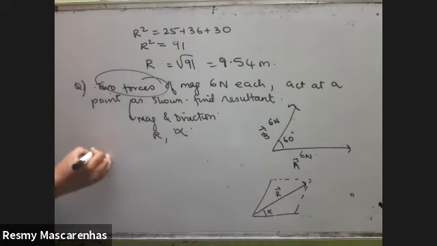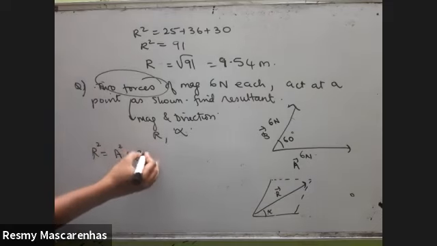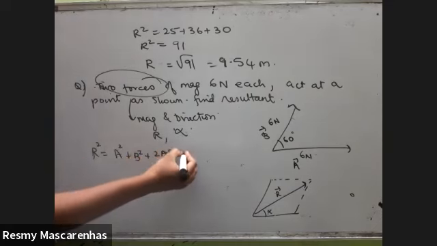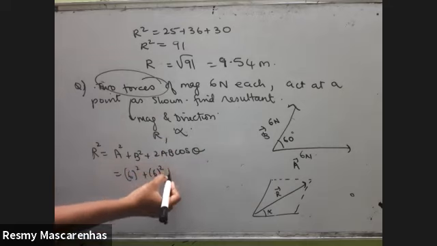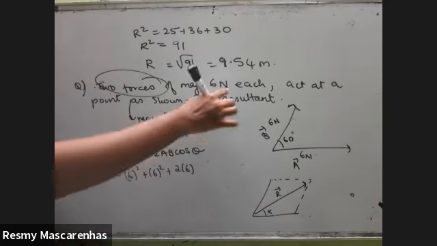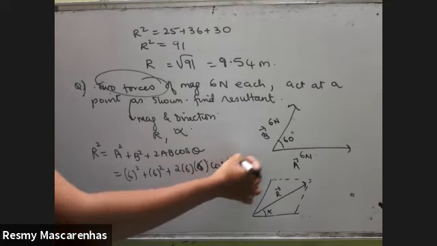As per the formula, this is the formula which we know to calculate the magnitude. This is simple. Straight away put all the values. 6 square, B is 6 square, A is 6, B is 6, and cos of 60 degree.